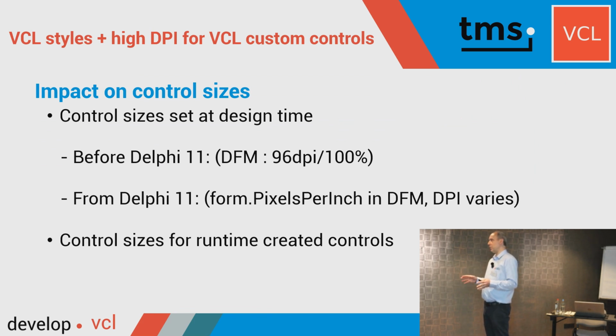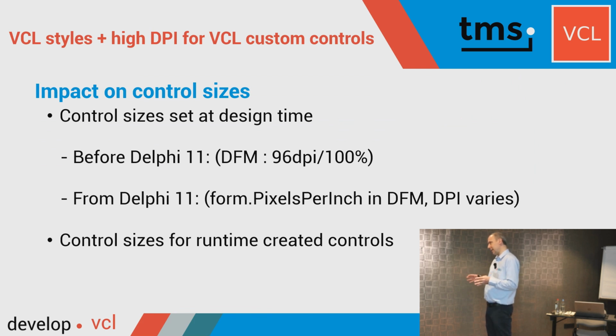Important note here is for teams. If people are working in a team on the same application, and in the team there are different monitors with different DPIs. So one developer opens your application on a 4K screen, and the other developer is less fortunate and has an HD monitor. That causes headaches.